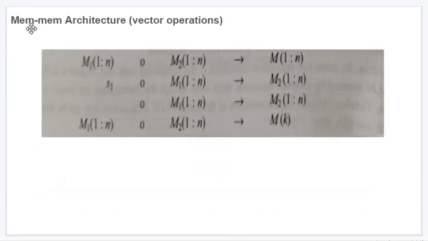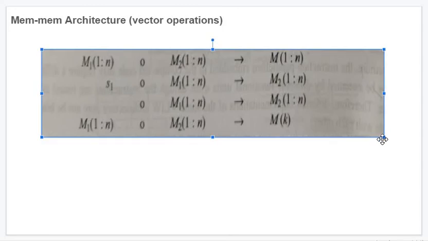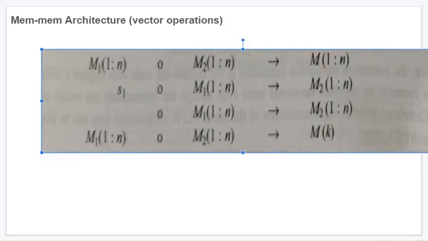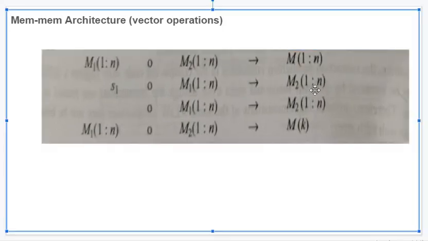Next is memory to memory architecture. Here we are working between two memory locations. We perform some activity on the first memory location and the second memory location, and we get an answer which is stored in a new set of memory. So we can think of it as memory to memory architecture. One scalar is multiplied with memory stored data, which results in a new memory related operation.